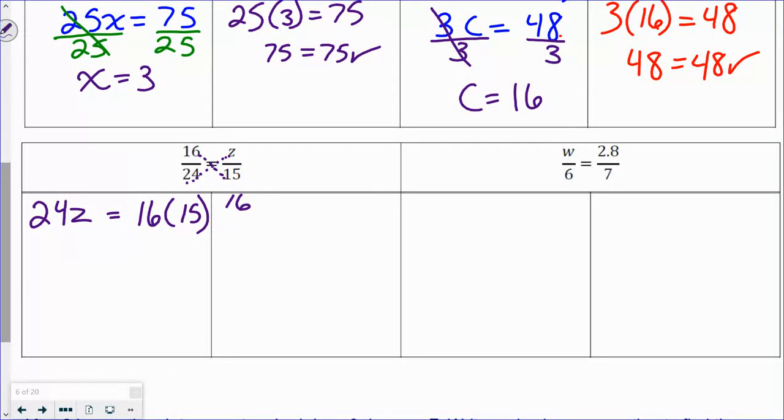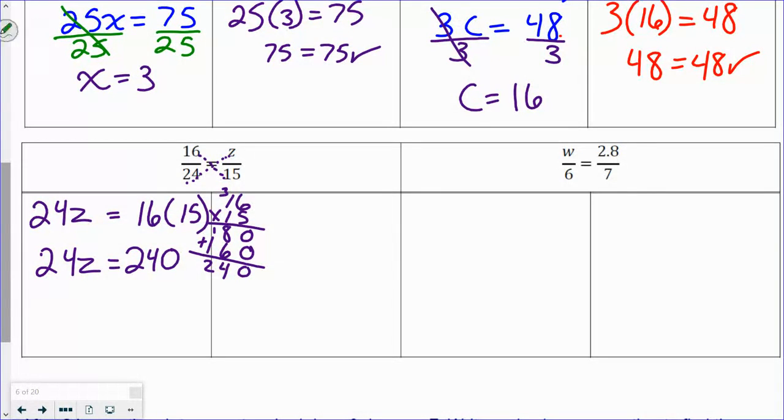All right, so 16 times 15. 5 times 6 is 30. 5, 6, 7, 8. Add my 0, 1, and 6. Add those up, 240. So we're saying 24 times z equals 240.